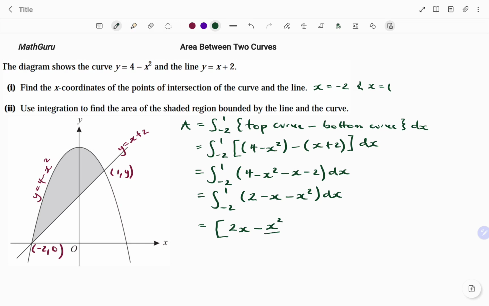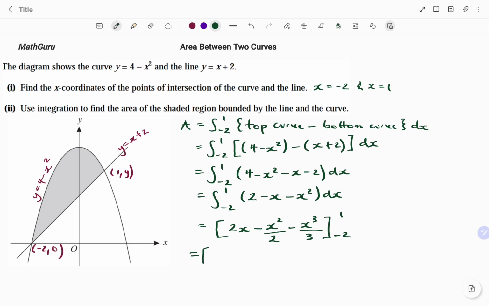If you want to learn how to integrate, check the videos below in the comment section. And then I have minus x cubed over 3. Don't forget to put your boundary from -2 to 1. So therefore, I'm going to start with the upper boundary, that's 1.